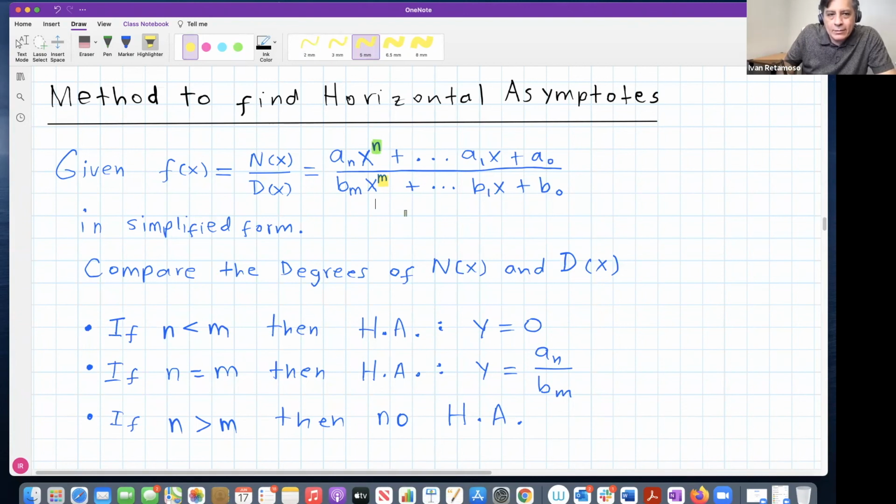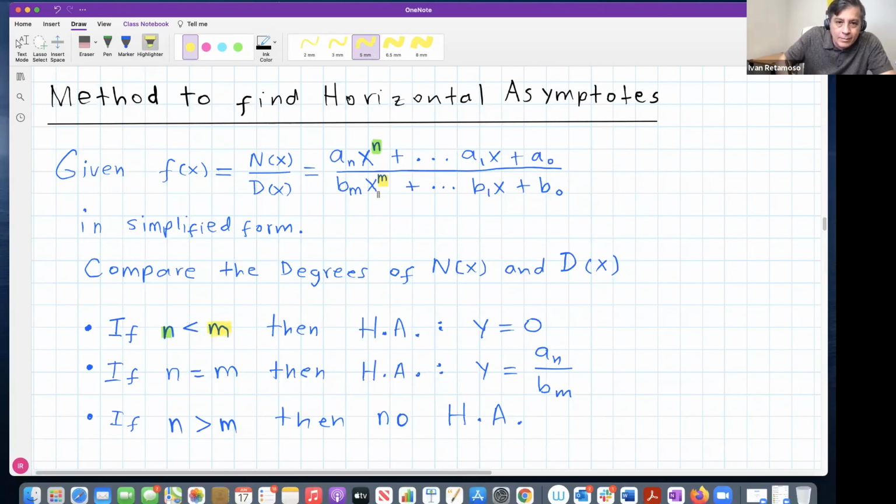Now, in order for us to remember this, let's try to identify this type of functions, the ones that have the dominant exponent on the bottom. Let's call them bottom heavy, okay? So this guy is a bottom heavy rational function.